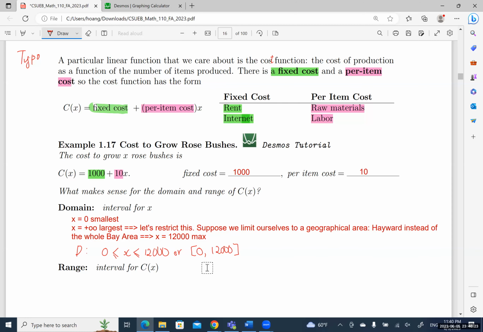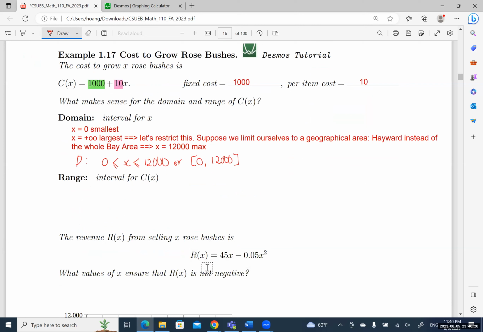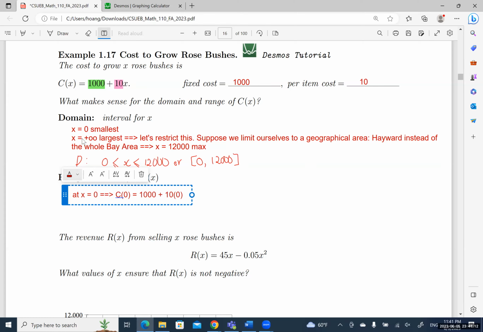For the range, it is an interval for C(x). And you see that if you start from x equal to 0, or maybe I'm going to type this, we have C(0) which equals 1,000 plus 10 times 0. So that gives us 1,000.